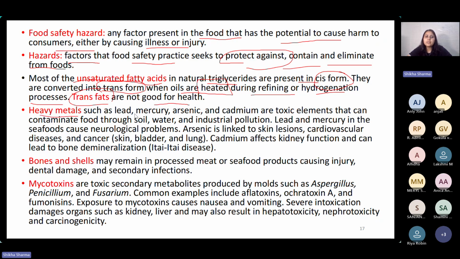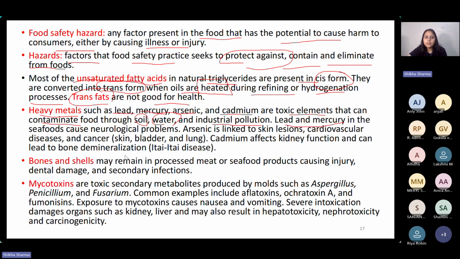Then heavy metals, which include lead, mercury, arsenic, and cadmium, are toxic elements that contaminate the food through soil, water, or industrial pollution. So it may lead to heavy metal poisoning in human beings. So they come under the chemical hazards.